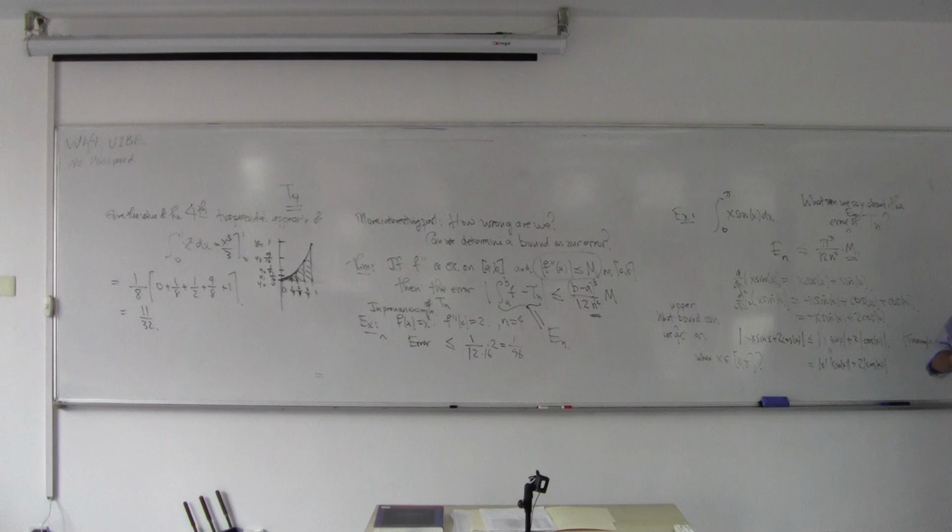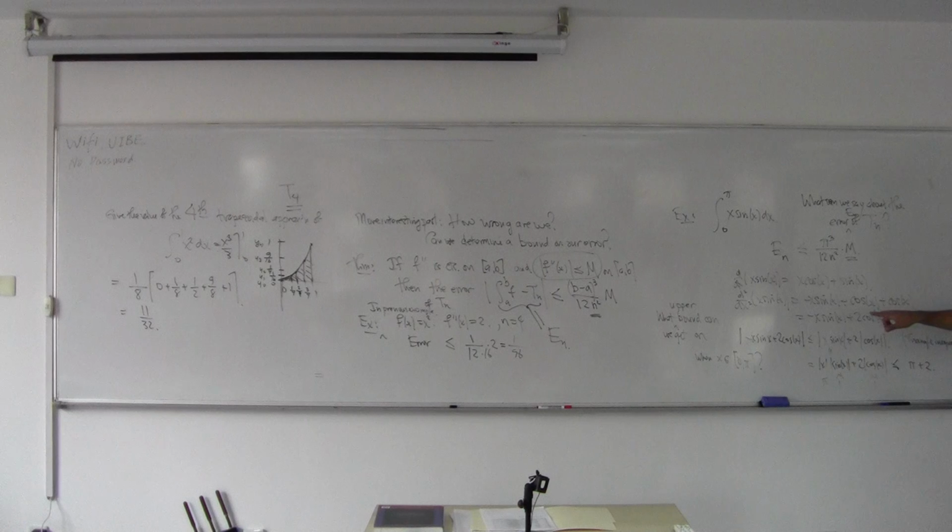As x ranges from 0 to pi, the maximum is 1. And the sine also has maximum value 1. And x could be at most pi. So what do we get? The second derivative is controlled by pi plus 2.